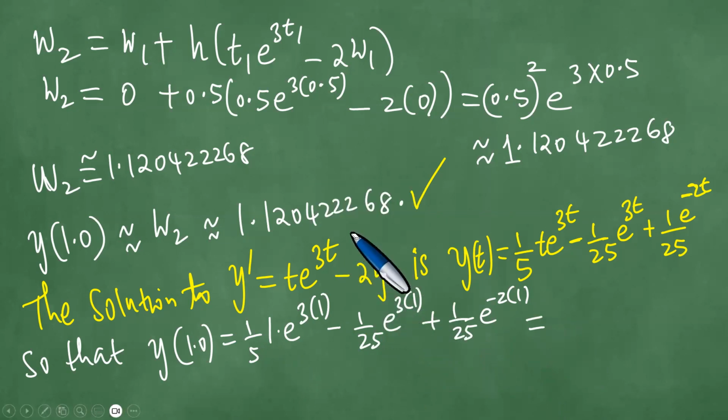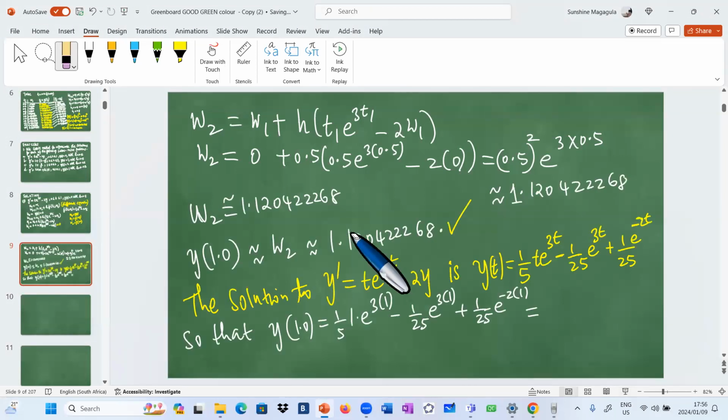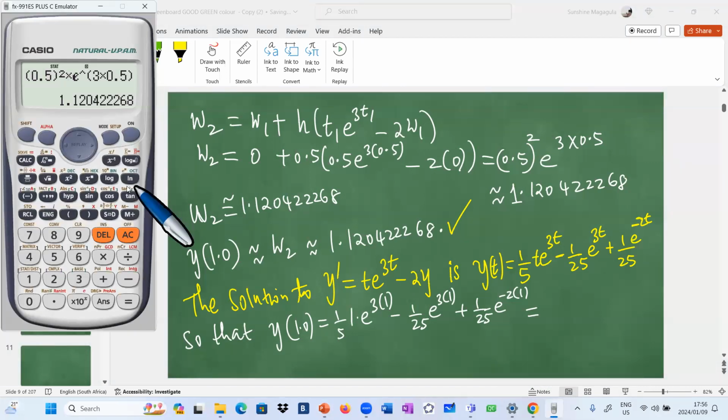Okay, let's skip this. Doesn't matter. 1 divided by 5, a bit like this. And then you have e^3. Then now you have the minus. Just practicing with this one. Then you have 1/25.